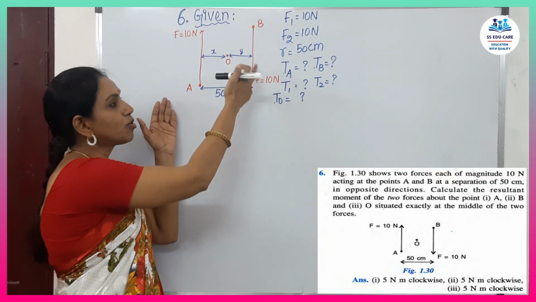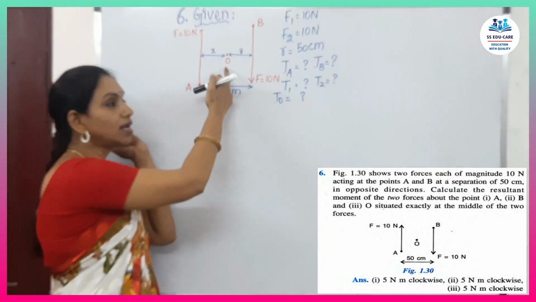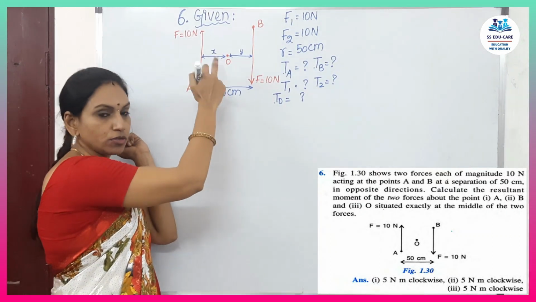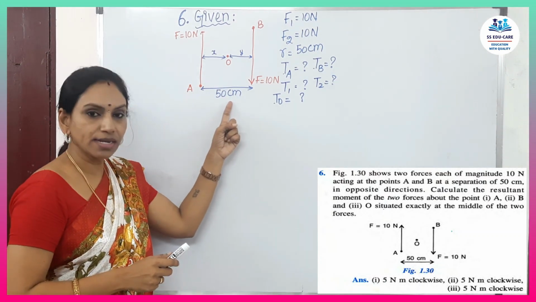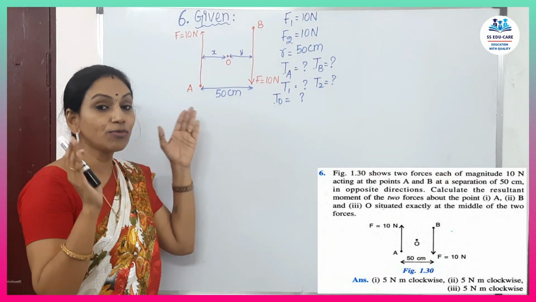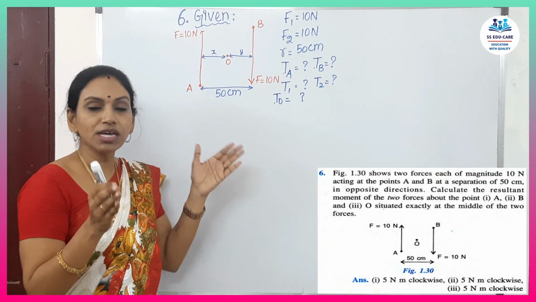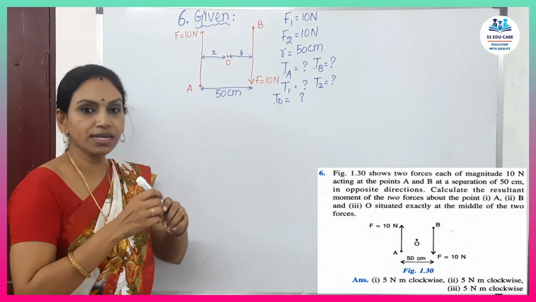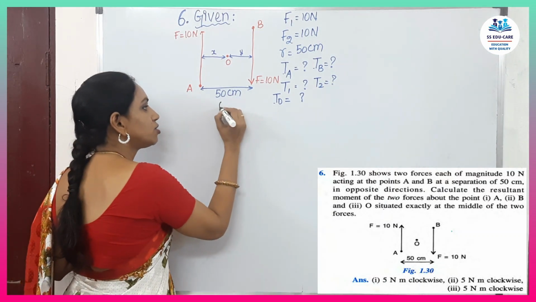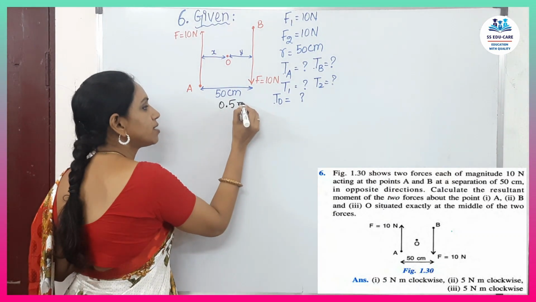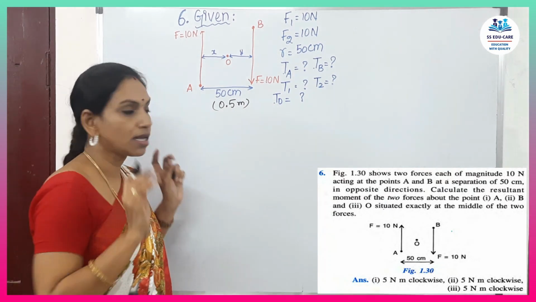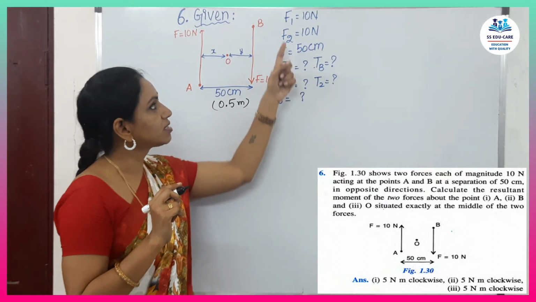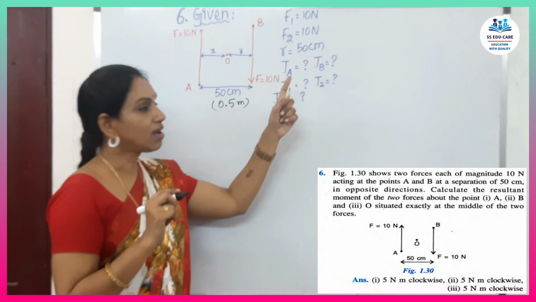These 2 points are pivoted at the middle point O. Since it is in centimeter, I will convert it to meter because the unit is Newton meter. 50 centimeter can be written as 0.5 meter.